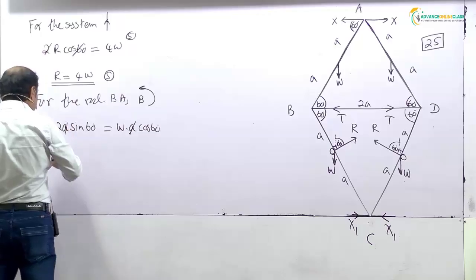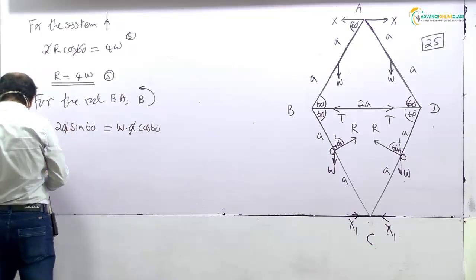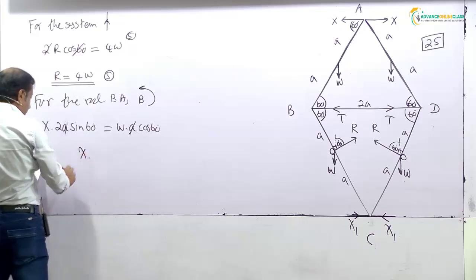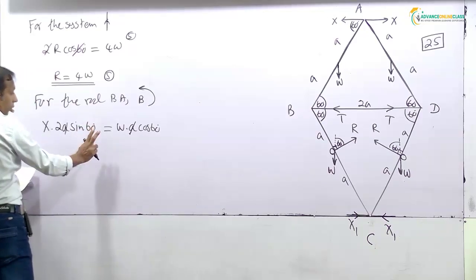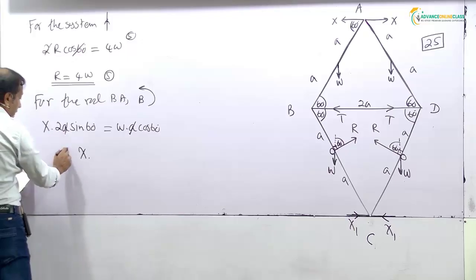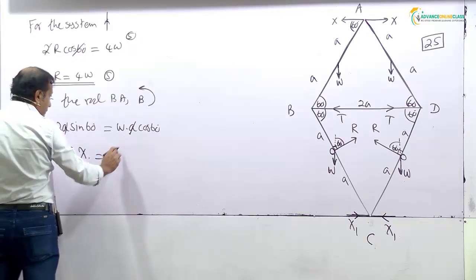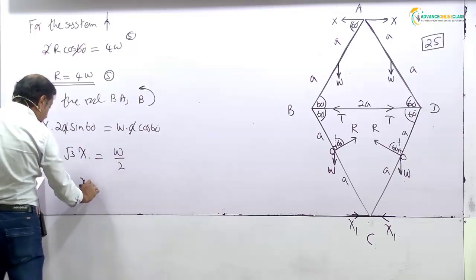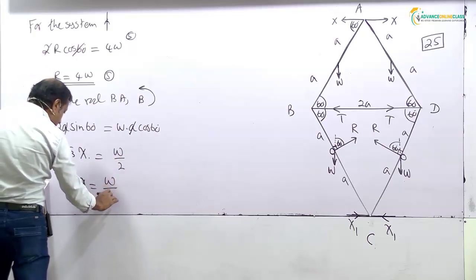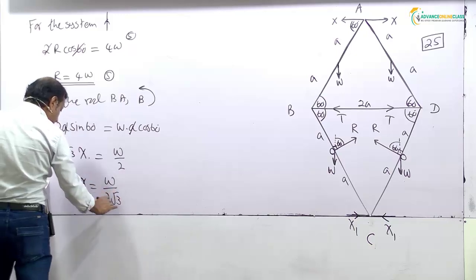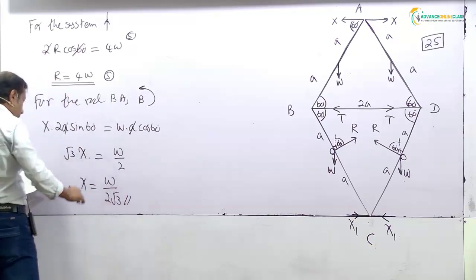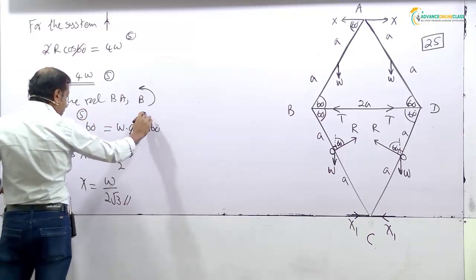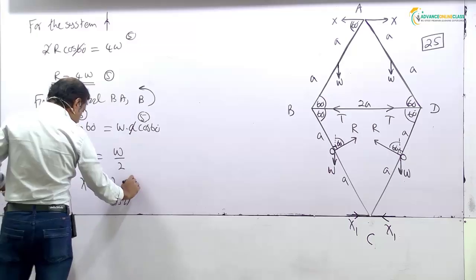A we can cancel down. X sine 60, root 3 by 2, this 2 and this 2 we can cancel down. Root 3 X, cos 60 is half, W by 2. X equals W over 2 root 3. Here 5 marks for the answer.